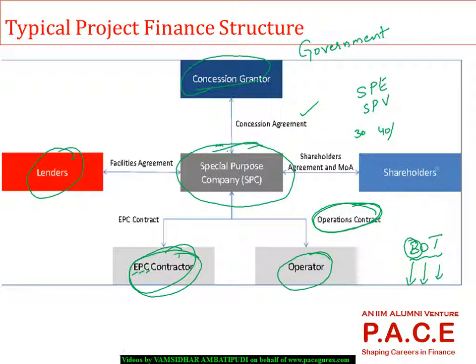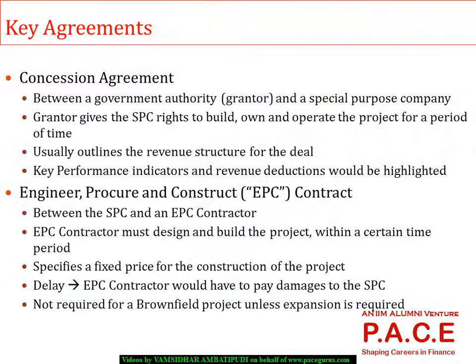And even for the people who are funding the project, either in the form of lending or as equity, there would be a shareholders agreement and memorandum of association associated with it. So typically the SPV will take the responsibility of getting into all these kinds of agreements with various entities to kickstart this particular long-term project.